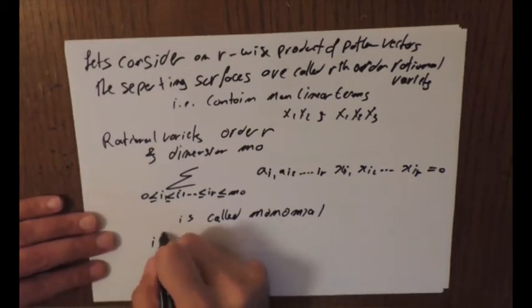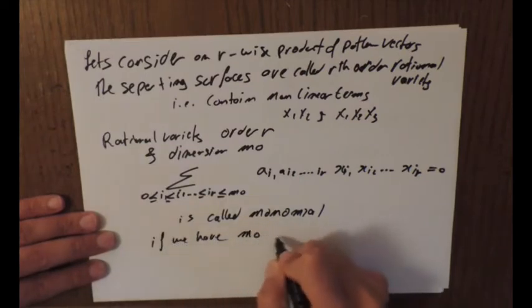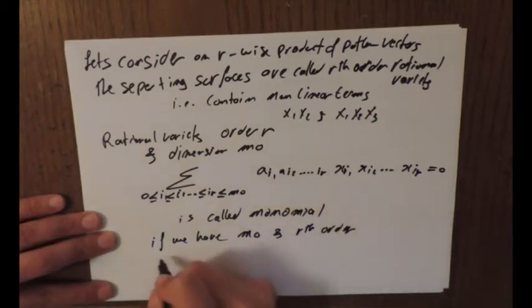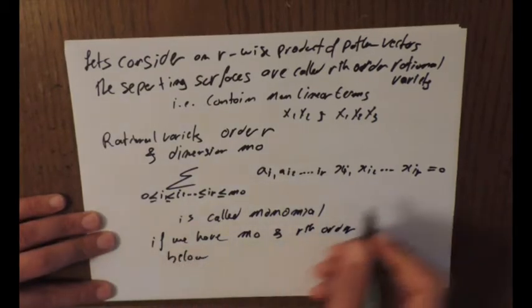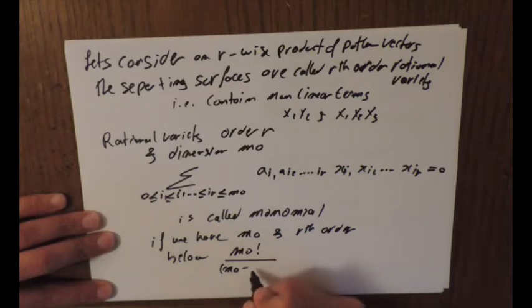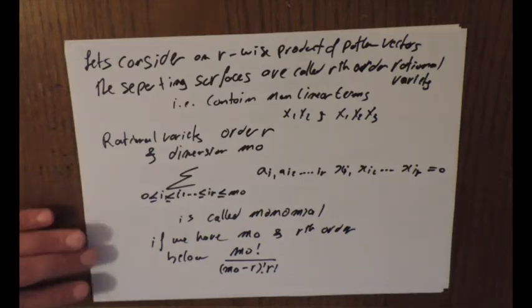So if you have a dimension of m0 and rth order, we can have the below, since it's a combination, the below different monomials. So these are different monomials.